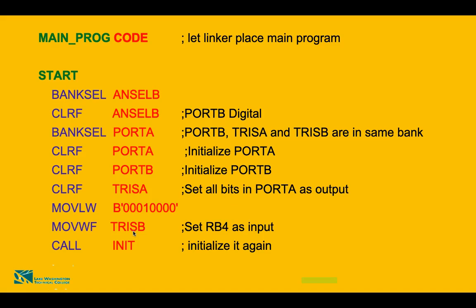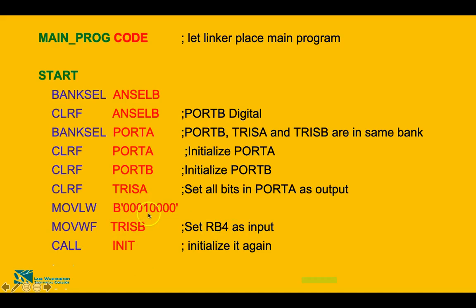Okay, so you have provided RB4 as input, set RB4 as input. Okay, so till now I hope you understand that you have moved this literal number into the TRISB and set the RB4 bit as your input.